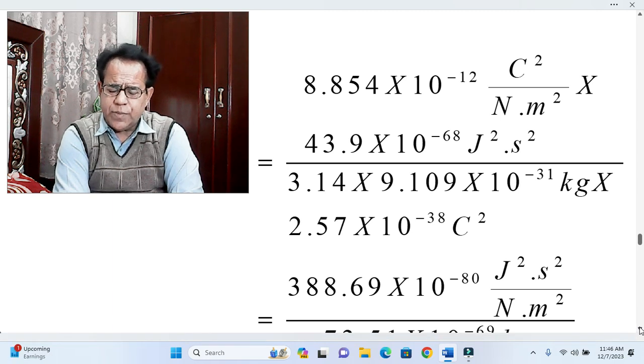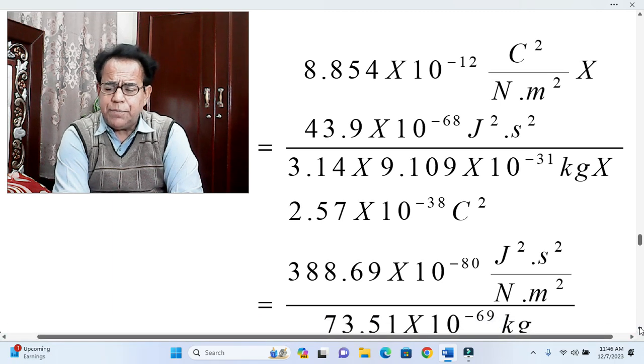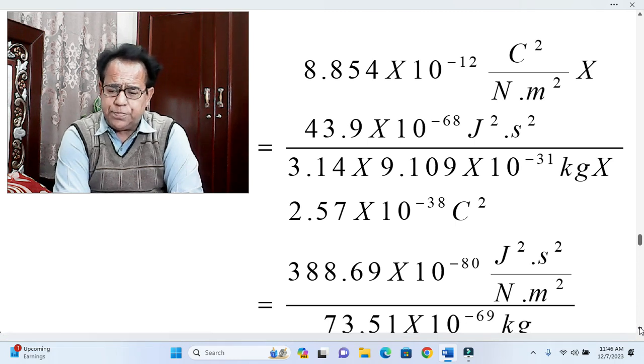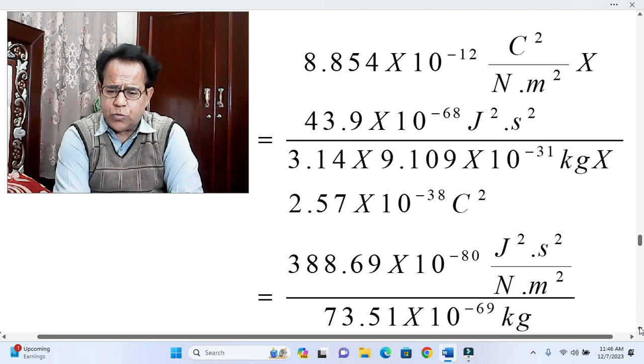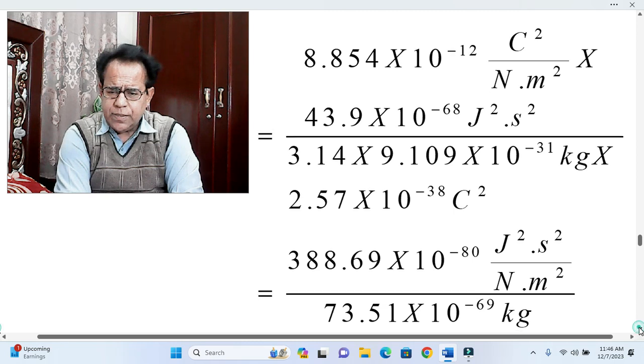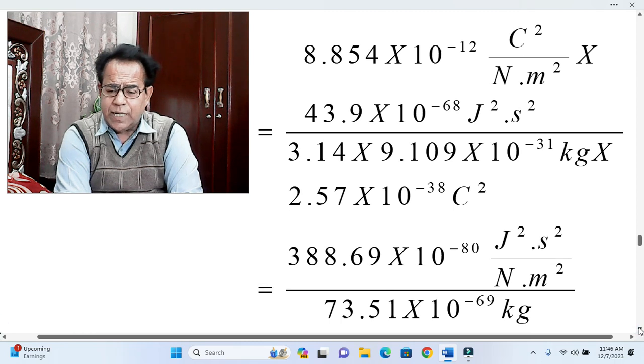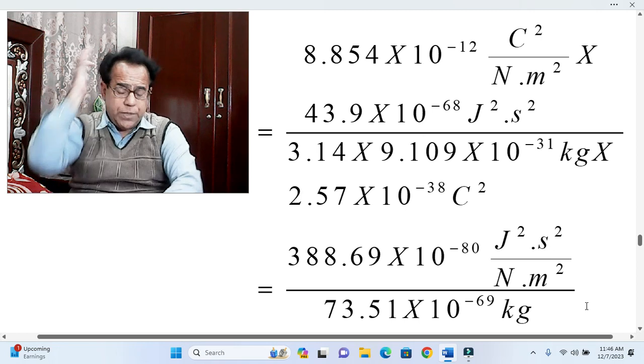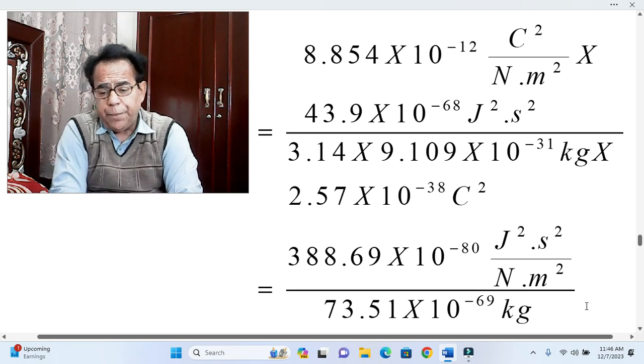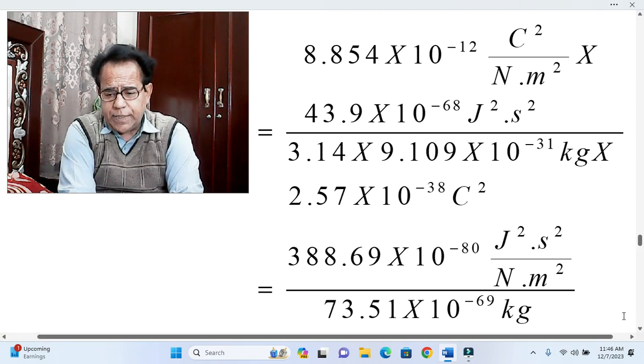Those conversion factors have been clearly indicated before starting this problem in a regular manner. Okay, so this is just simplification. We will not explain simplification steps.